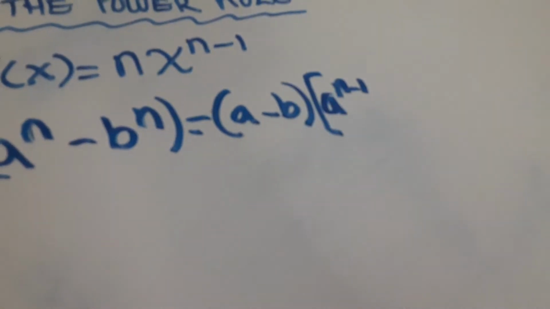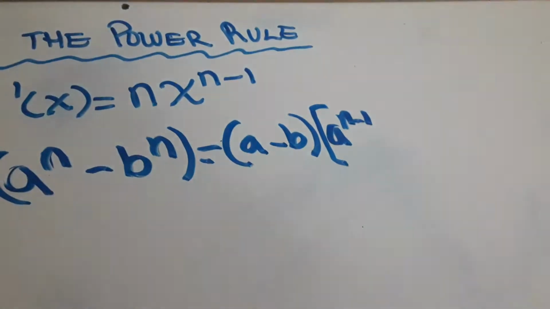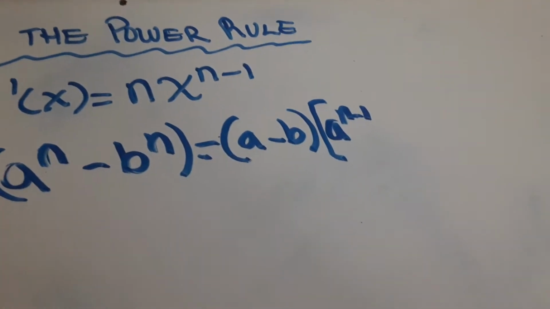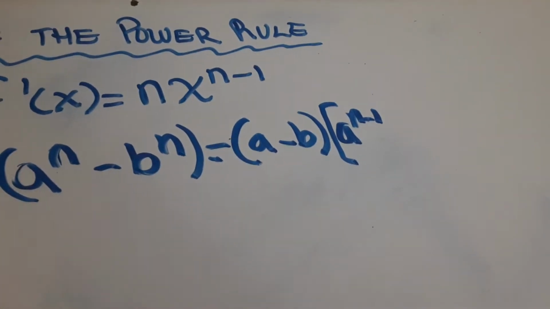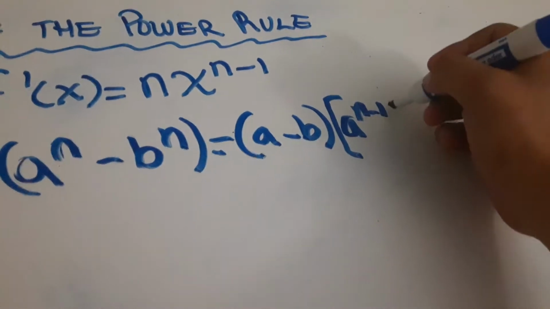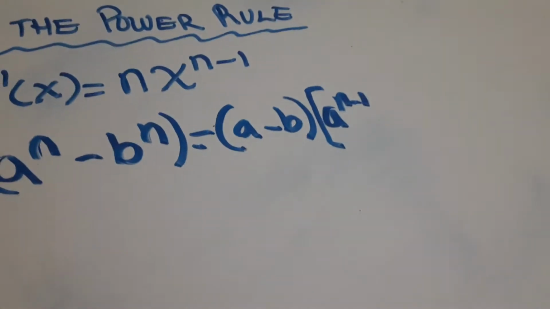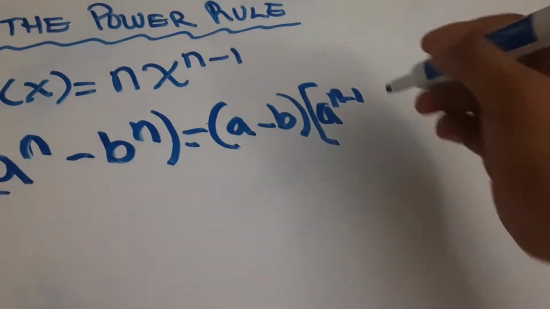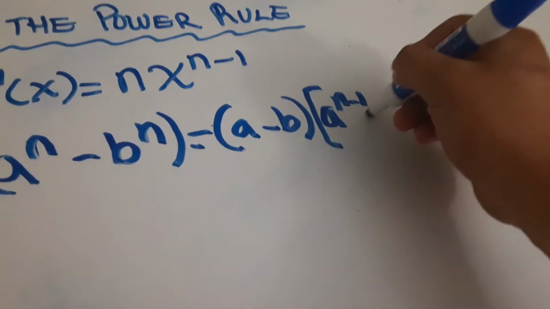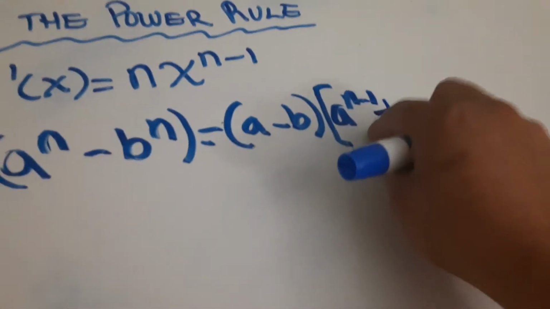So then remember, the exponent for a is going to be decreasing, and the exponent for b is going to be increasing. So we can start here with b to the 0 power, but b to the 0 power is 1, so I'm not going to put that. But just remember, there is a b to the 0 power.